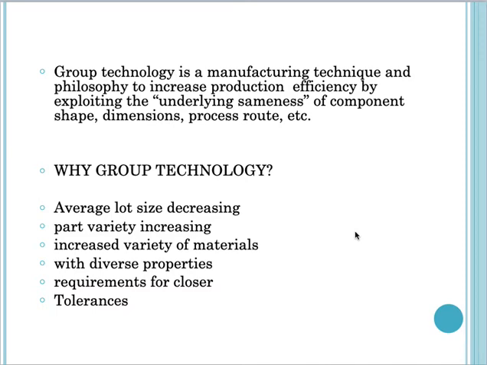Why do we actually need group technology? The reasons are: lot size decreasing, part variety increasing, increased variety of materials with diverse properties, and requirements for closer tolerances. These are some areas where group technology can be used.